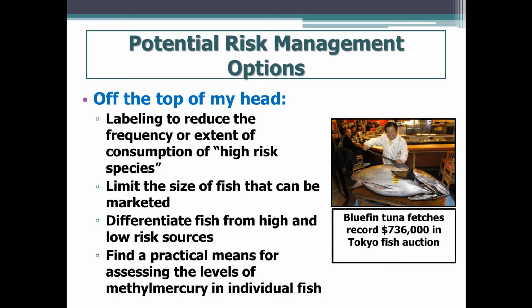On the other hand, if you see in this picture, if you're buying a fish that costs $750,000, that's one fish, you probably can afford to spend a little bit on analyzing it for methylmercury. So that's a world-record-size bluefin tuna that was just recently sold at auction.